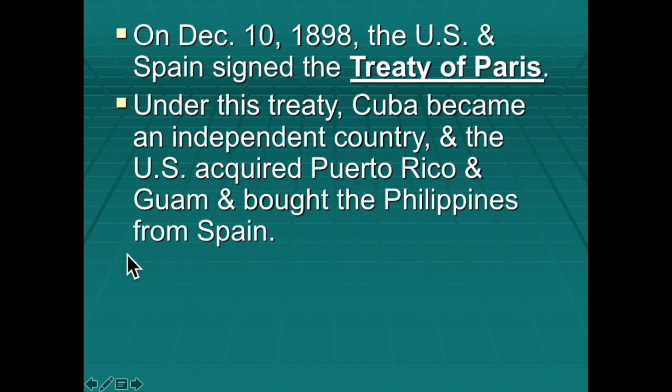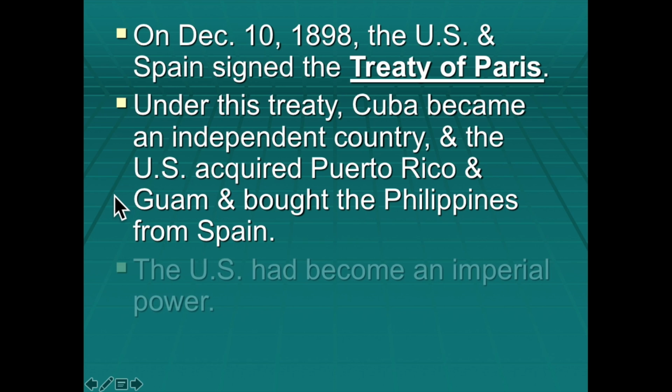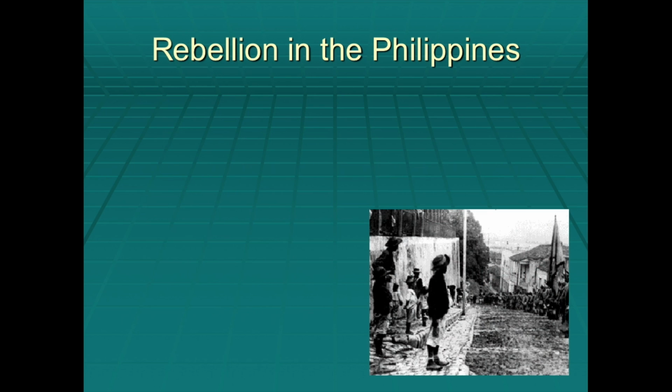And Cuba as an independent country. But the U.S. also acquired Puerto Rico and Guam, Guam being in the Pacific. The U.S. had become an imperial power. This is the crossing that definition border of actually the USA becoming imperial.